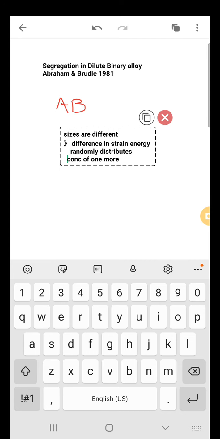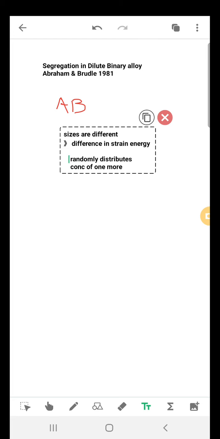So in these two cases, the difference in strain energy will be high. Now, this is the first postulate given by Abraham Bundle, and this is true for these A and B atoms.